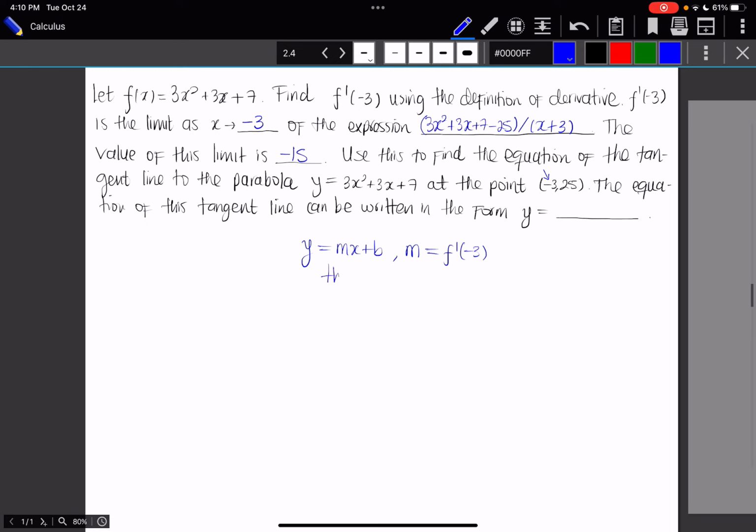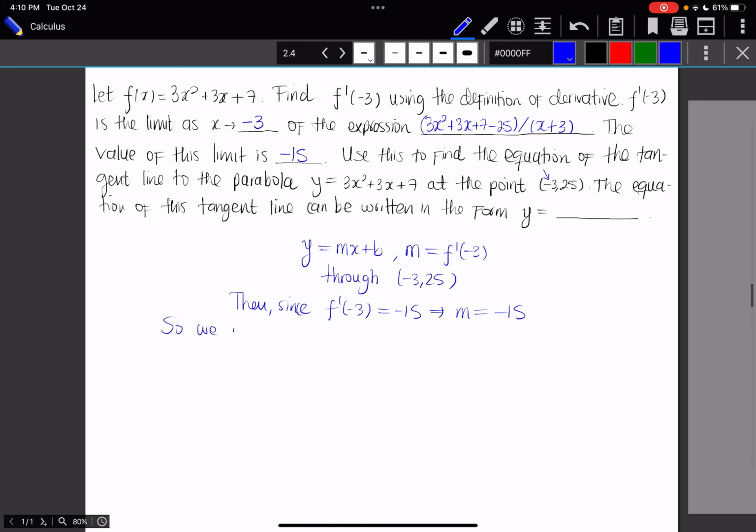And we need this line to pass through the point -3, 25. We found that the derivative of the function at -3 is -15. That's based on the first part of this question. So we're saying that the slope of the line is -15.